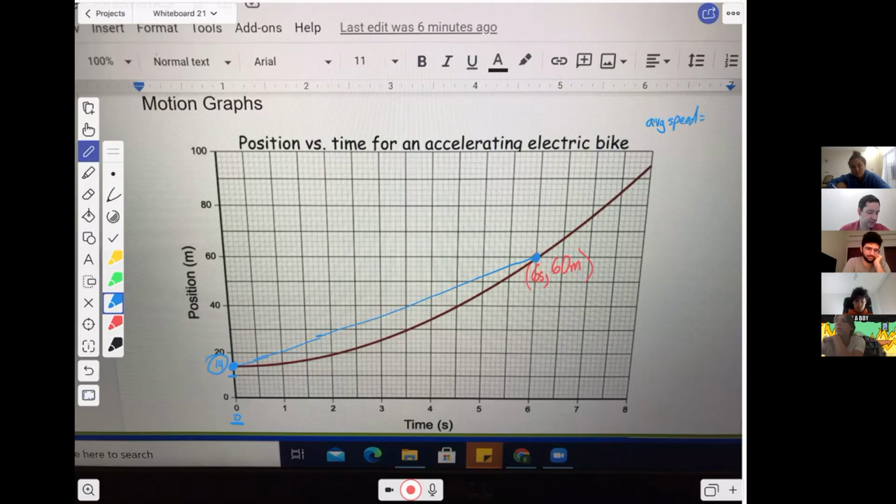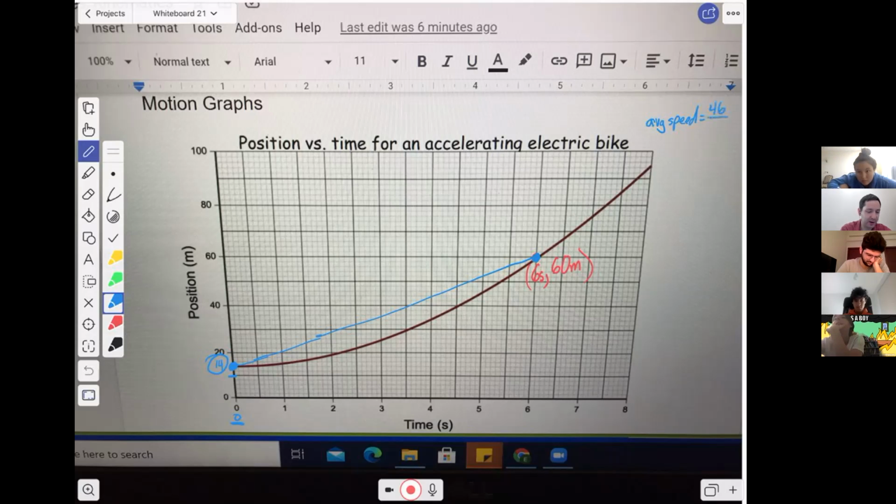What's our distance if we go from 14 to 60? 64 meters. Sorry, 46 meters. There you go.